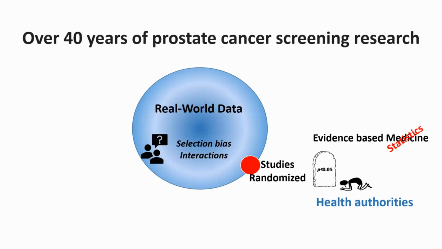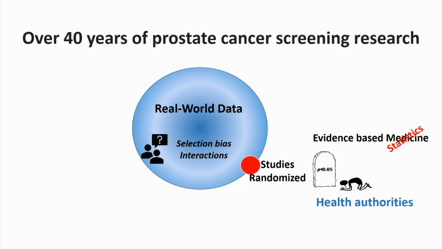So, for the last 40 years, many studies have been performed in order to evaluate the utility, the benefit of prostate cancer screening using prostate-specific antigen. For health authorities, only randomized studies are used or recognized to provide the guidelines.